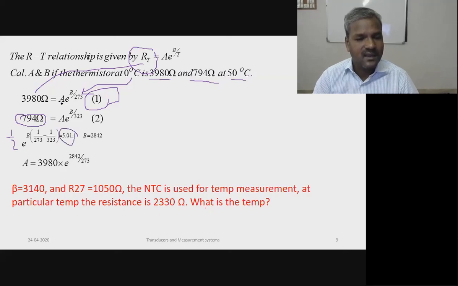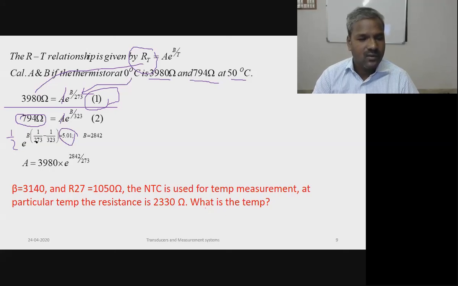The A and A cancel when we divide. So 5.01 equals e to the power B of 1 by 273 minus 1 by 323.